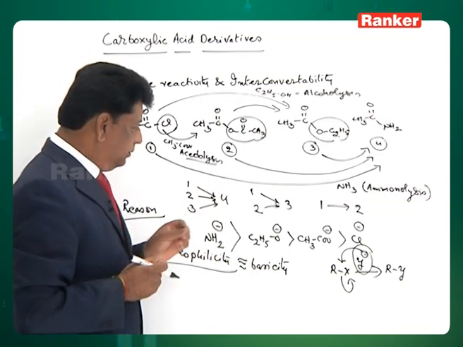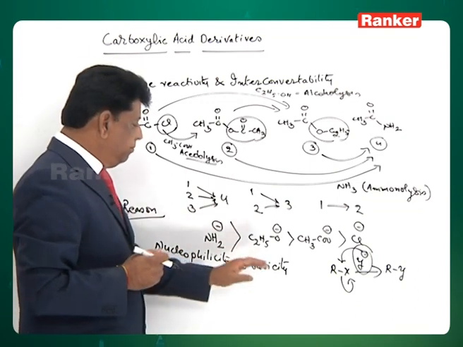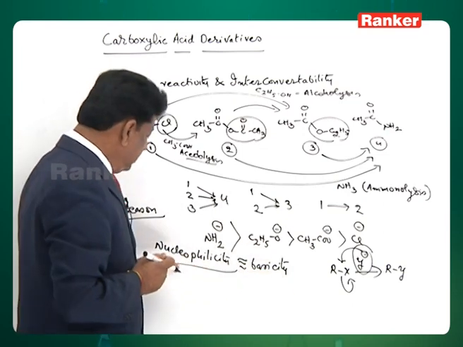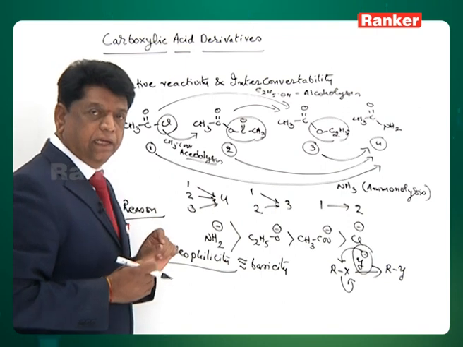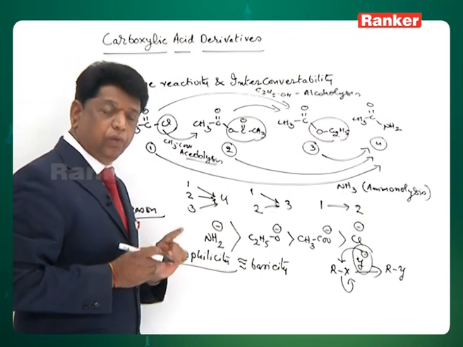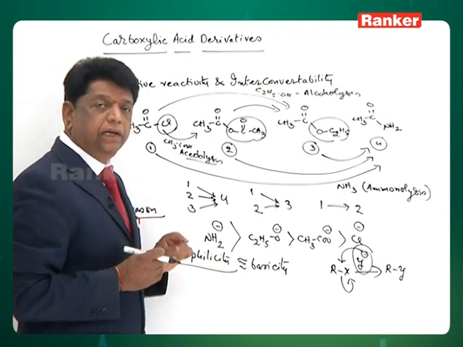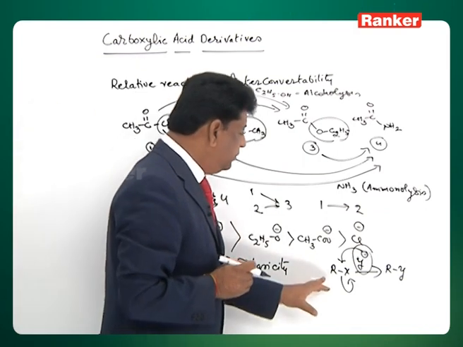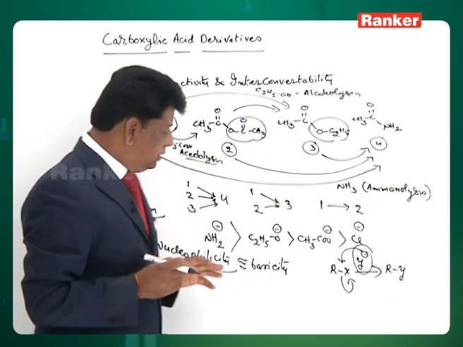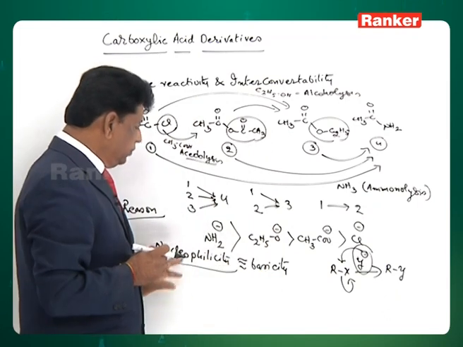There is no replaceability. Generally the stronger base is the stronger nucleophile, except in the case of I minus. I minus is a stronger nucleophile and a weaker base. Otherwise, you can generally take it: stronger the base, stronger the nucleophile.